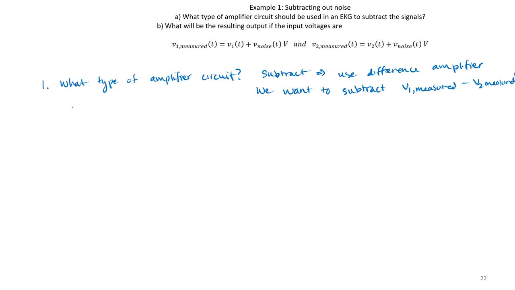So basically, we want the output to be equal to some constant. In this case, for the difference amplifier, it will be whatever resistances we choose times V1 measured minus V2 measured.